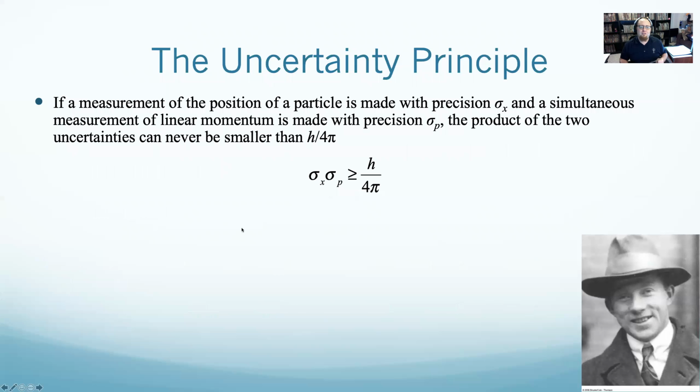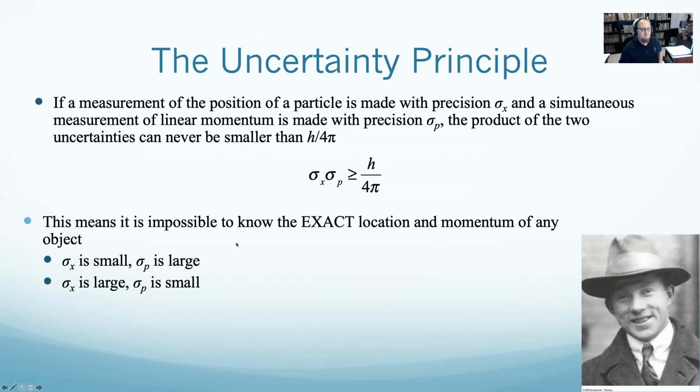If you measure the position of a particle and you have an uncertainty in position of sigma x, and you measure the momentum of the particle, and it has an uncertainty sigma p, the uncertainty of position times the uncertainty of momentum must always be greater than or equal to h over 4 pi. You can never know the exact location and momentum of an object.